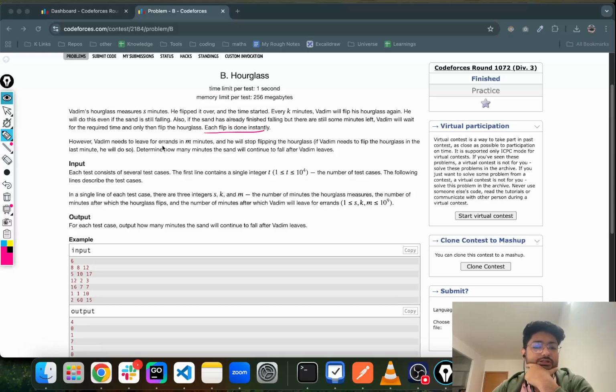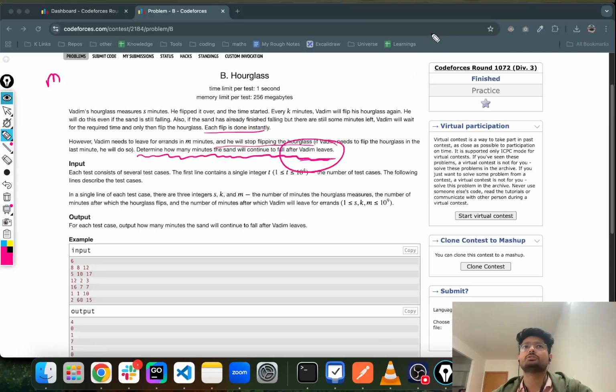However, Vadim needs to leave for errands after m minutes. So after m minutes, Vadim has to leave, and he will stop flipping the hourglass after that. Determine how many minutes of the sand will continue to fall after Vadim leaves, if he leaves after m minutes.